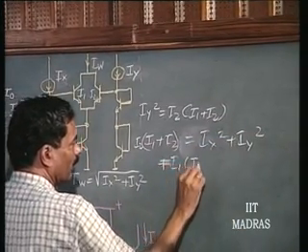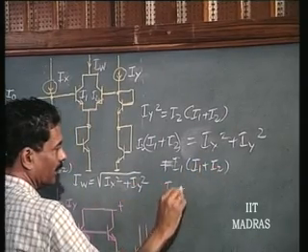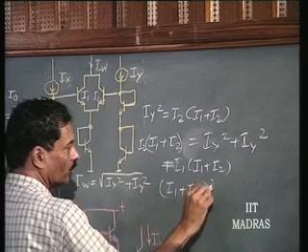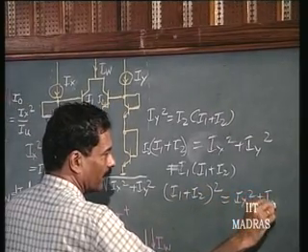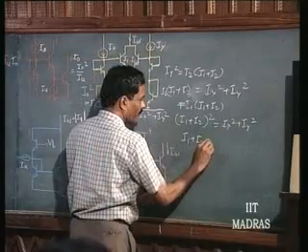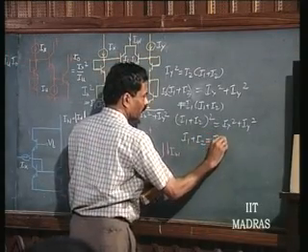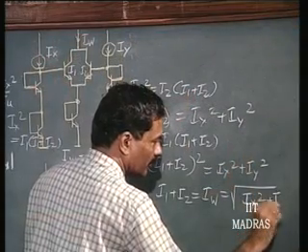I1 into I1 plus I2 plus I2 into I1 plus I2, that is nothing but I1 plus I2 whole square, equal to Ix squared plus Iy squared. I1 plus I2 is therefore nothing but Iw, which is root of Ix squared plus Iy squared.